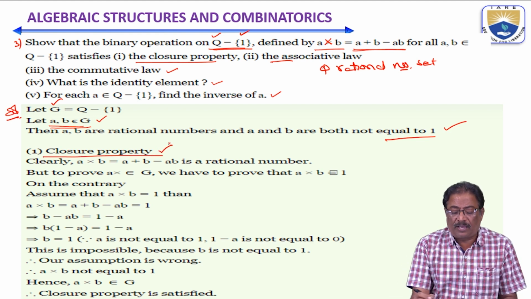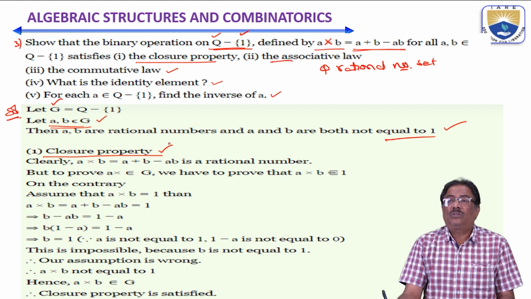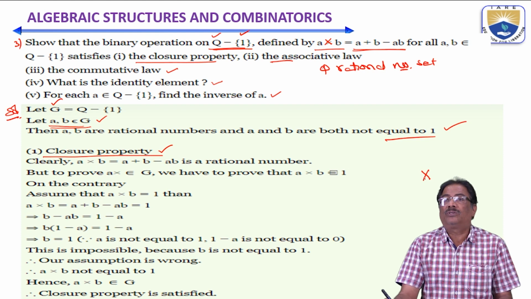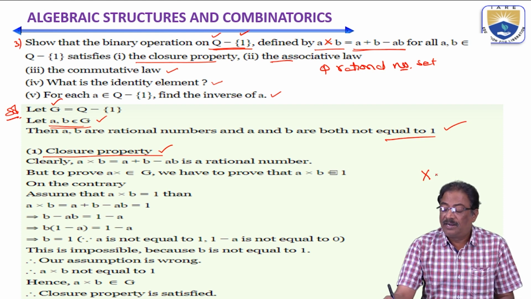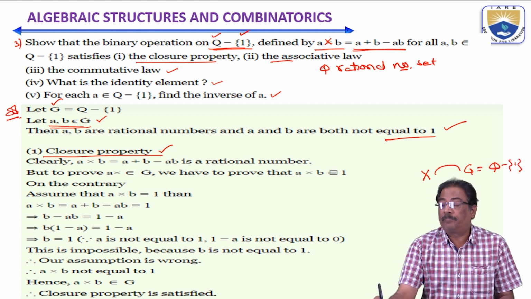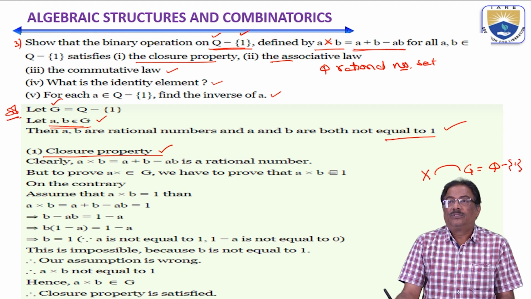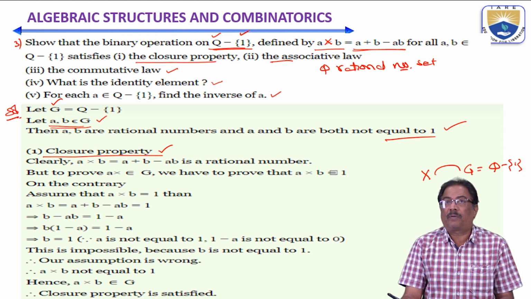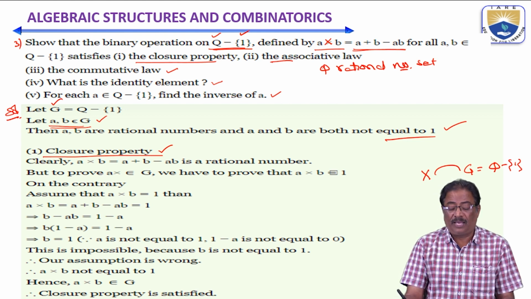Now the closure axiom. We are going to verify the multiplication defined on the set G, which is Q minus 1. We are going to prove that it satisfies the closure property, associative property, commutative property, identity, and inverse, which means it is an abelian group.